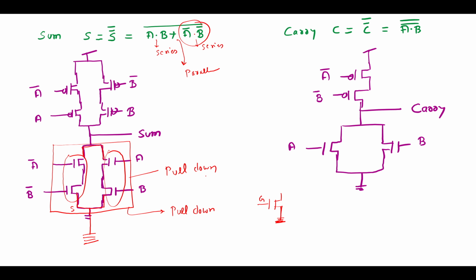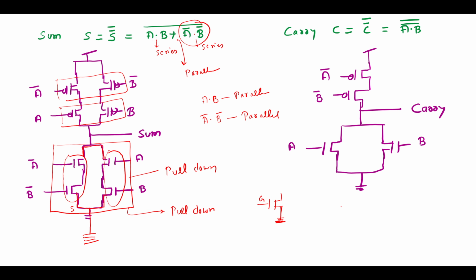The opposite case is formed here, because in the pull up network, the dot represents a parallel connection. So A dot B is a parallel connection, and if you come here, A bar into B bar is also a parallel connection.